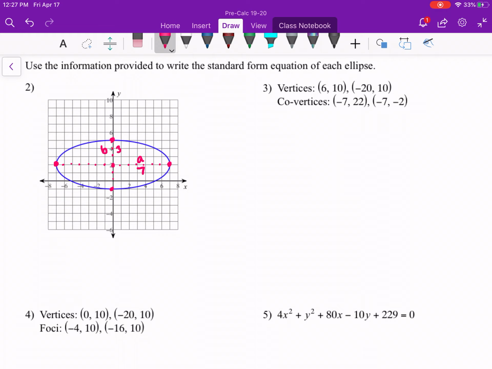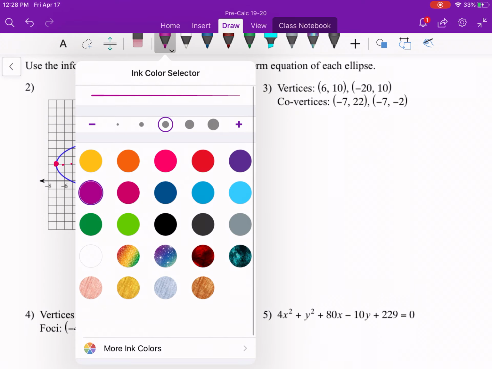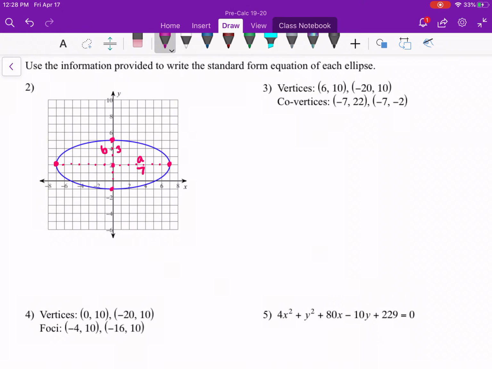And so it wants us to write the equation. And honestly, that's all we need to know. Because to write the equation of an ellipse, you need the center, which we've got. It looks like our center is at 0, 2. And then our A is 7 and our B is 3. So I'm going to throw that in an equation. Remember, again, assume the numerators are fixed. Assume they don't move at all. So it's going to be x, and it's just going to be squared because we're not going to write plus or minus 0.